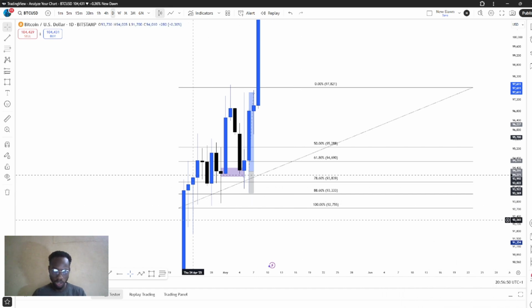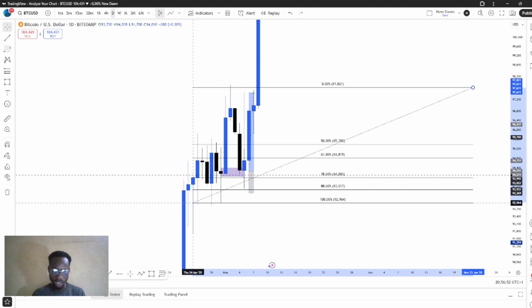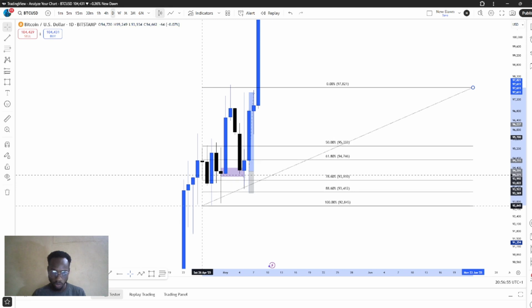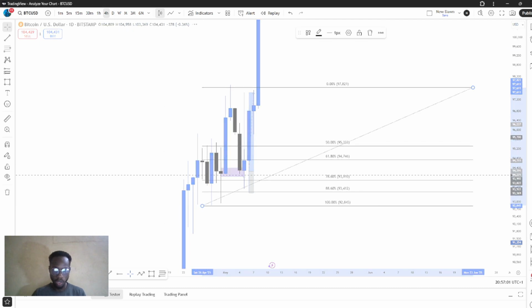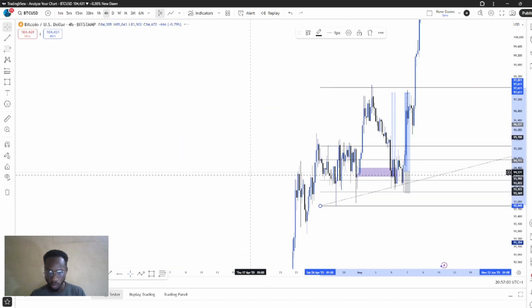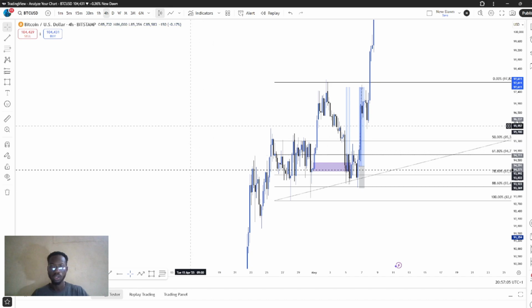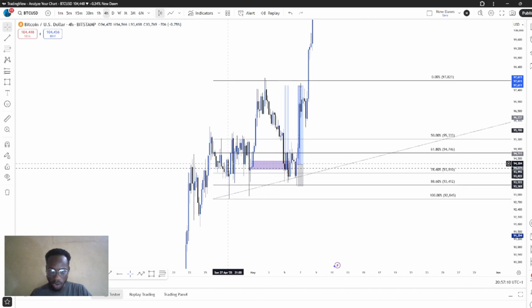But if we're going to take it from this low here, or this low, wait, let me go to the 4-hour to be sure. Okay, so if we're going to take from this low, we will likely have our demand zone around 78.